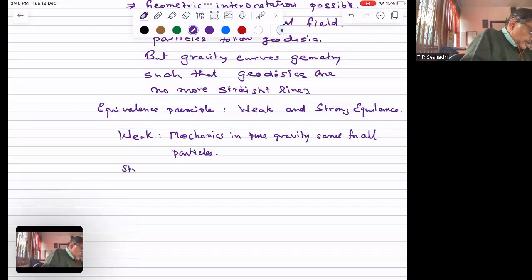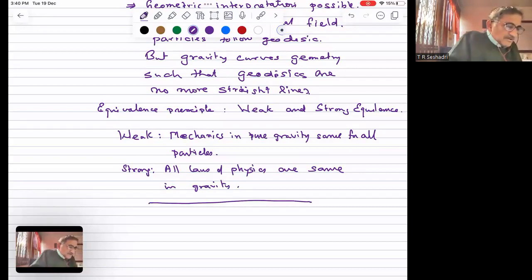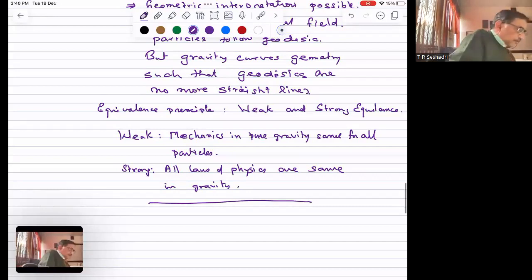And then the strong equivalence principle says all laws of physics are the same. But before we proceed, I thought I will do a short recap of special relativity, and that is what I propose to do today.